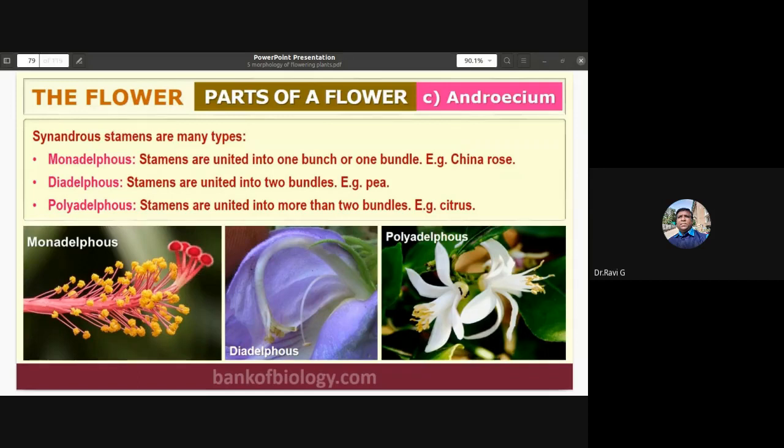If any flower exhibits this, we call it polyadelphous stamens. They have more than one bundle where they are fused at the filament region. See, whenever we use the term adelphous, it implies only the filaments are fused and the anthers are free.